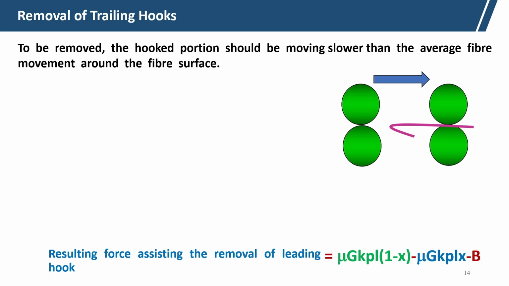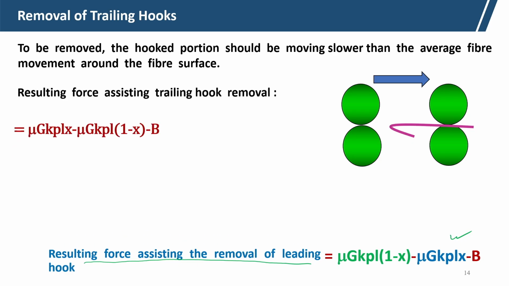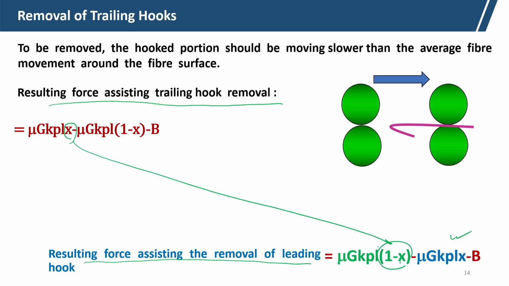And we have already discussed the resultant force assisting the removal of the leading hook is this. Now, let us see for the trailing hook, the resulting force assisting the removal of the trailing hook will be, in place of 1 minus x, it will be x, because the proportion here is x.